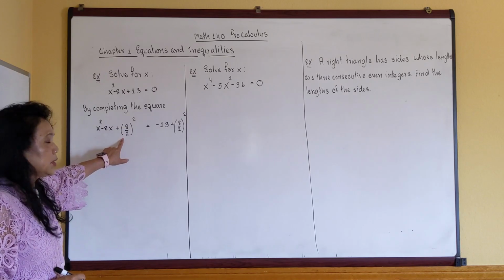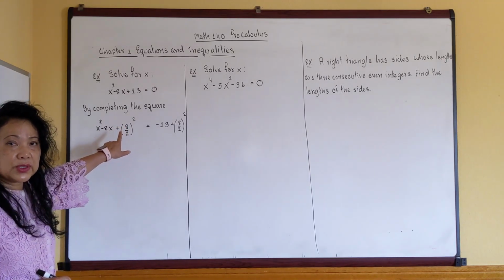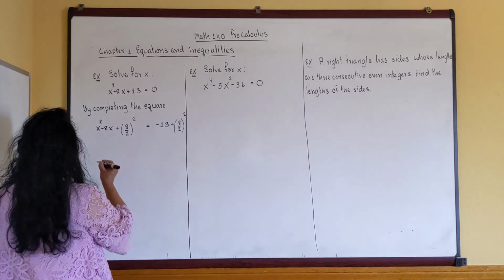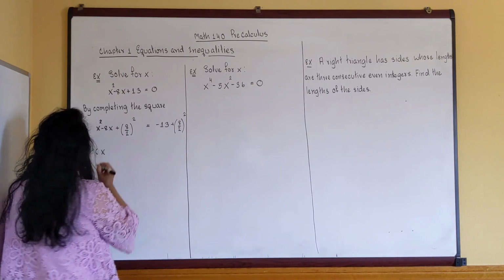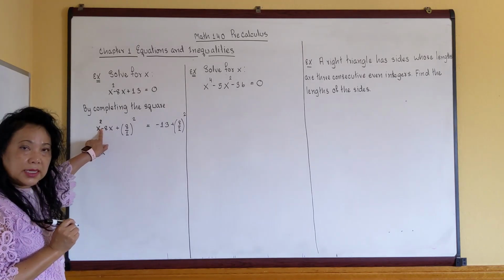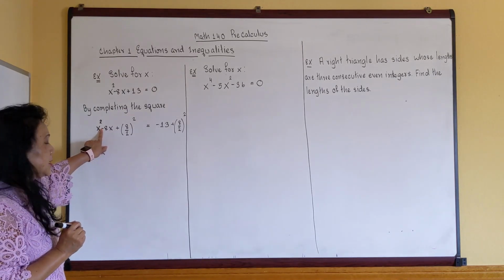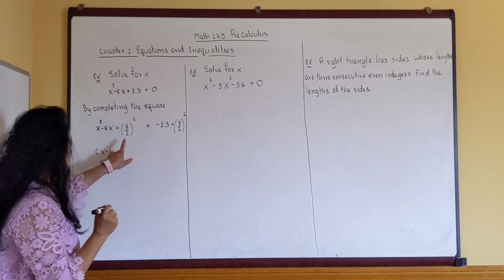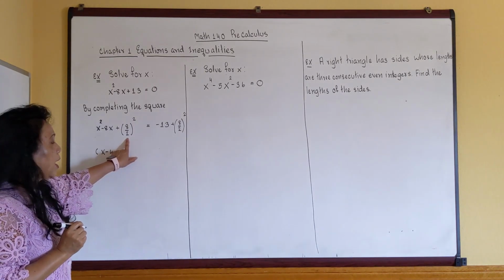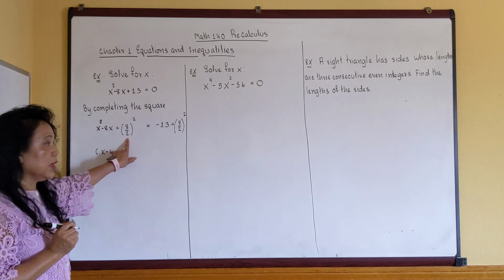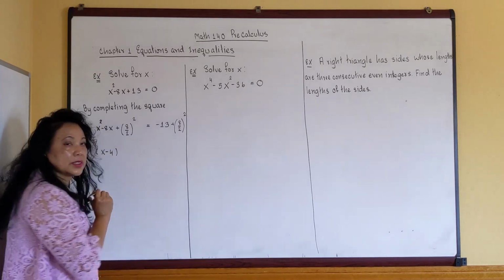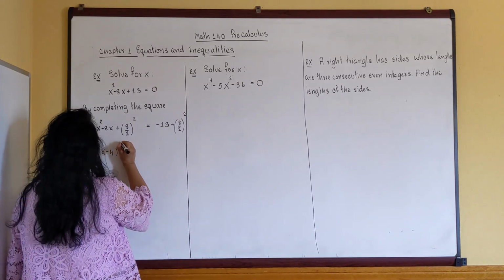If you have 5 over 2, just leave it as 5 over 2. But this one, I can reduce it. So the factor is going to be x. If you have minus here, you're going to have minus. If you have plus here, you're going to have plus. So it's going to be minus whatever the second term is. If it's 5 over 2, it's going to be 5 over 2. But I have 8 over 2, which is 4. So I have x minus 4, quantity squared.